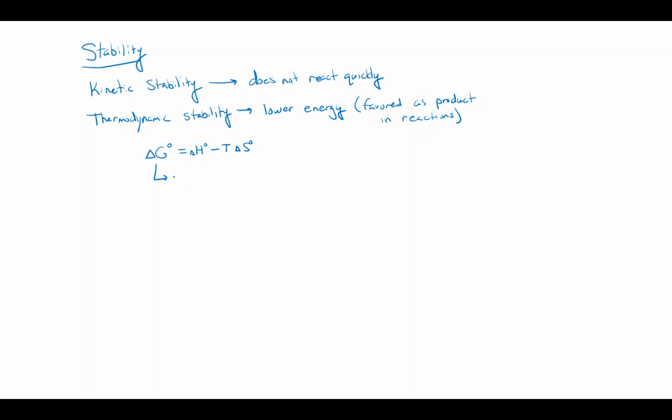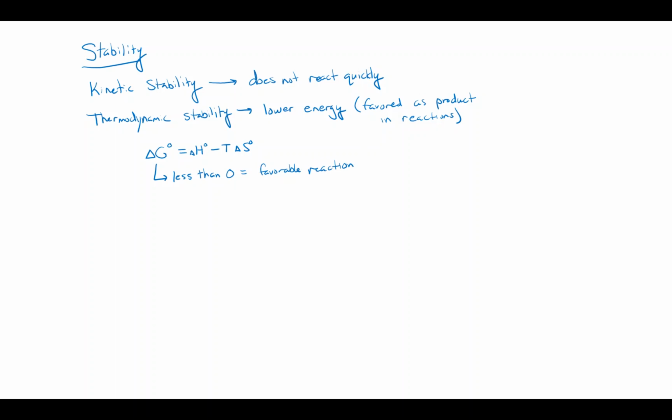If this number is less than 0, that means that we have a favorable reaction. Right? The reaction will proceed to products. This is thermodynamic stability. Right?